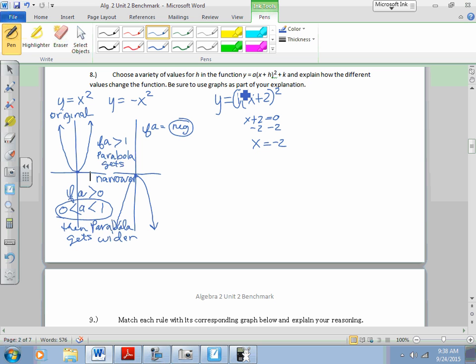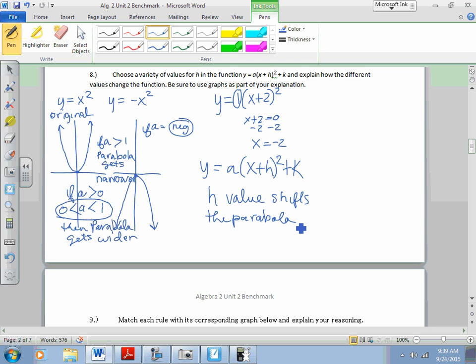So then this part is if h, so y equals a times (x plus h) squared plus k. The h value shifts the parabola which direction? Which way did it go? To the left or to the right, depending on what's written inside of it.